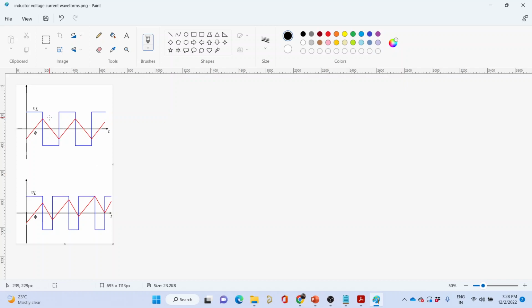Don't bring in charge and all these things over here, because can you form a mathematical equation out of it? You cannot form a mathematical equation. Say in terms of mathematics. How can you say it mathematically? I have already drawn the waveform. You can see the waveform and you can just say what I am doing over here.